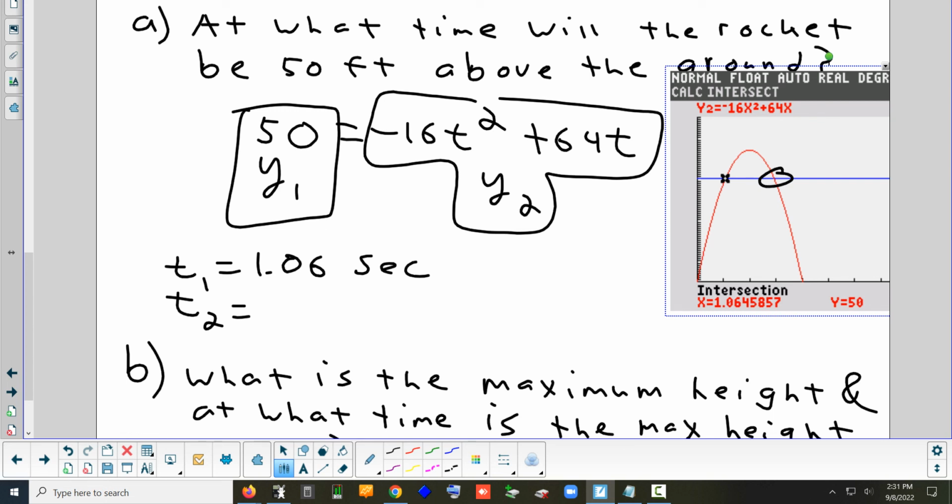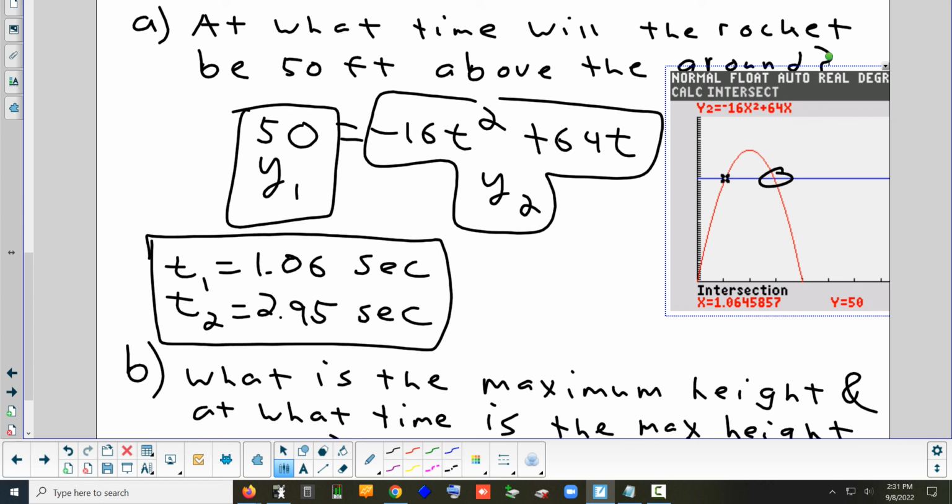I mean, it looks like it's going to be back on the ground at 4 seconds. So it's probably between 3 and 4 somewhere. Yeah, about 2.9. What is it? 2.95. Okay, so not quite 3. So those are our two times.